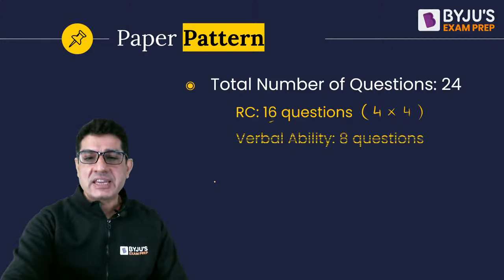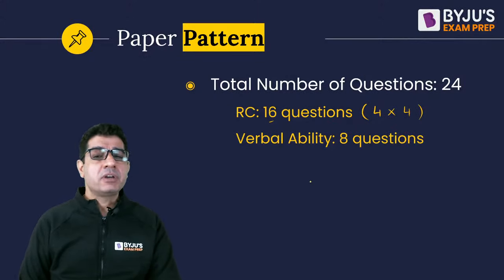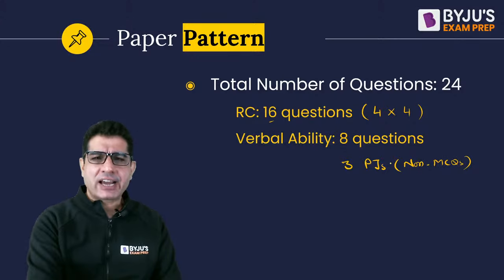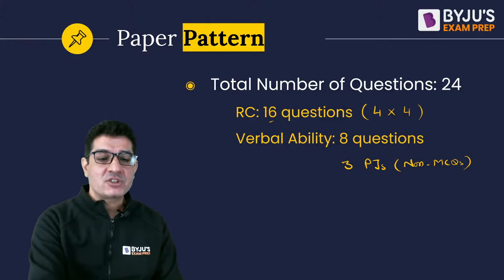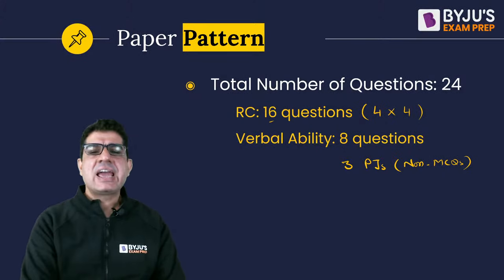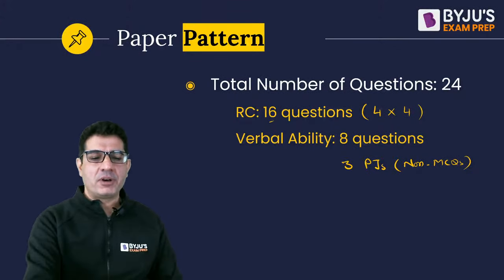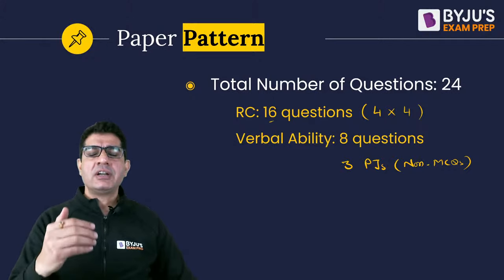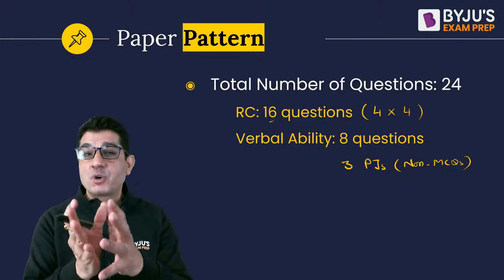The remaining 8 questions came from verbal ability. Out of these 8, 3 parajumbles were non-MCQ, or as quite a few of us call them nowadays, TITA questions, type in the answer questions, whereas the rest of the questions presented options and you were supposed to answer on the basis of those options.